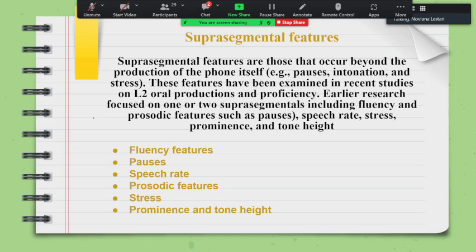Brazil in 1997 identifies a tone unit as a stretch of speech that is most often delimited by silent pauses and which carries one or two prominent syllables.